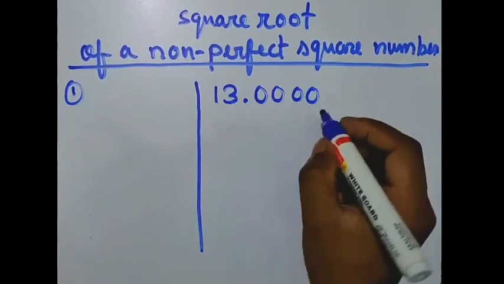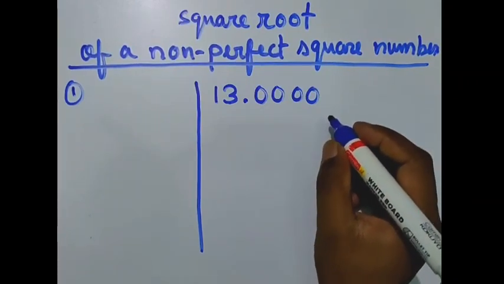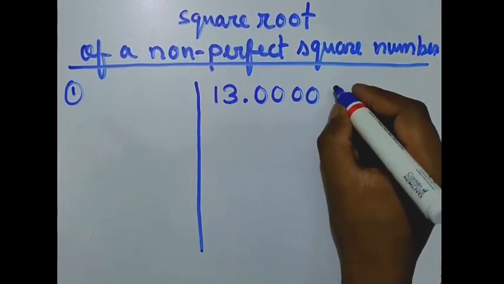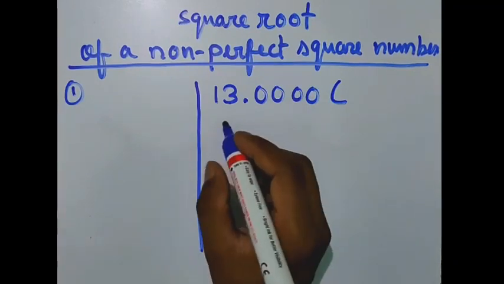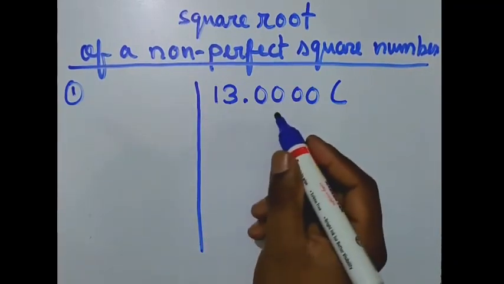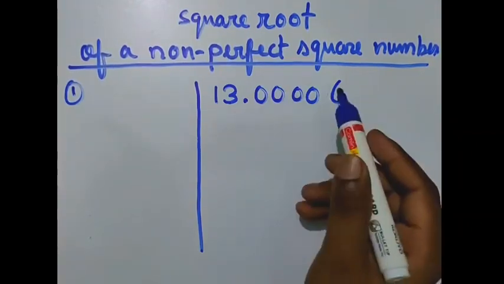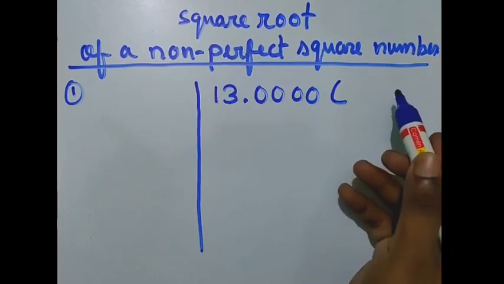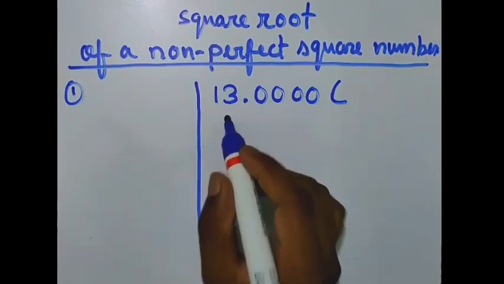So let's take 4 zeros and let's find the square root. We'll find the square root to one decimal place. For that we need to find the square root to 2 decimal places in order to round it off to 1 decimal place, in this example.